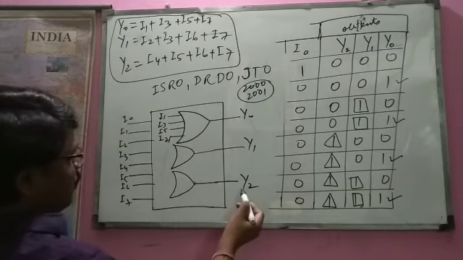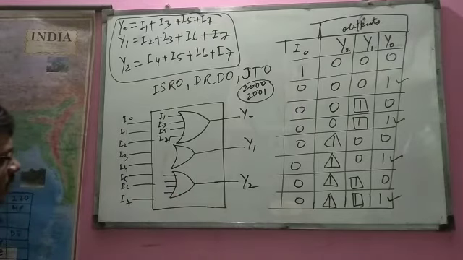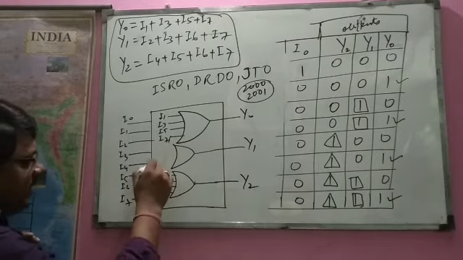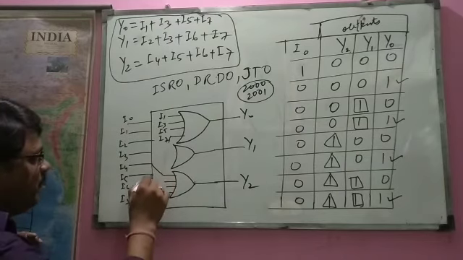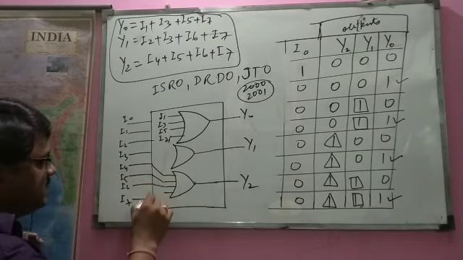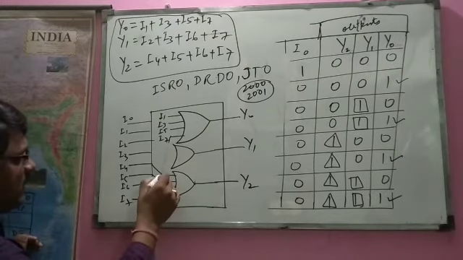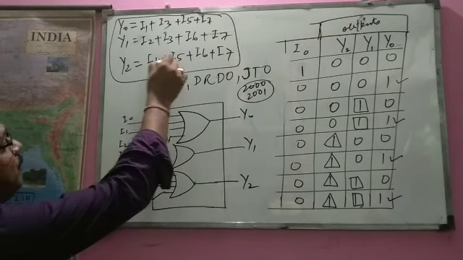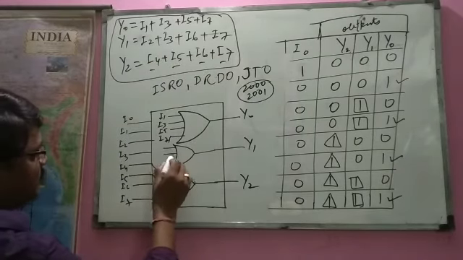So what will be the inputs of this one? This is very simple. You can connect it, because this will be I4, I5, I6 and I7. And what will be the inputs to this one?